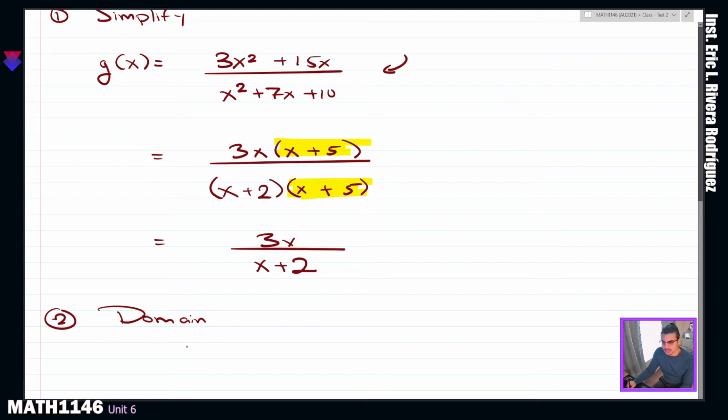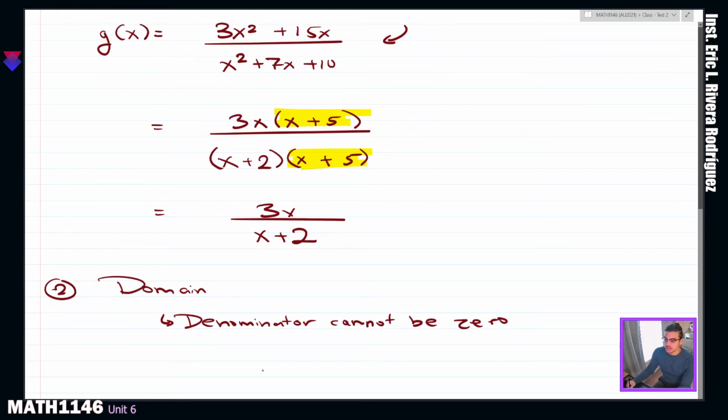The restriction is that the denominator cannot be 0. And now you might be questioning which of these two denominators we use. And the answer is that you need to take into consideration the original equation of the function.